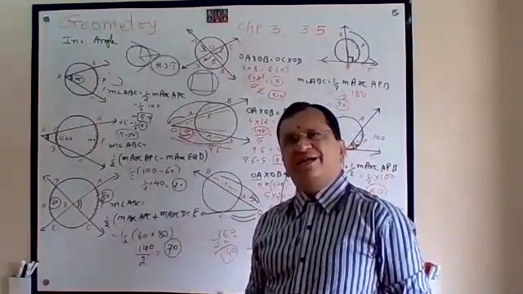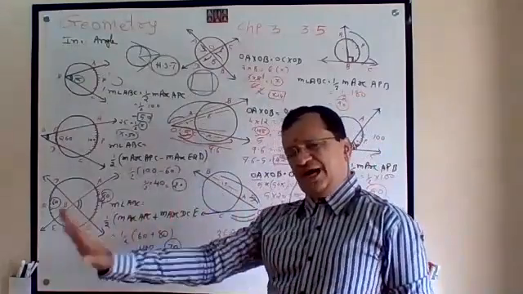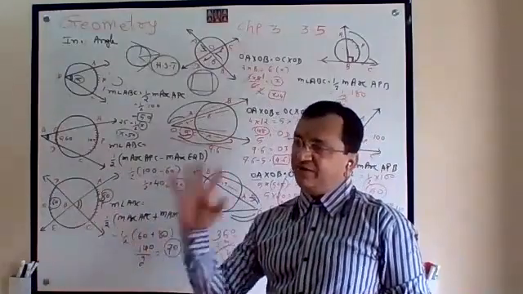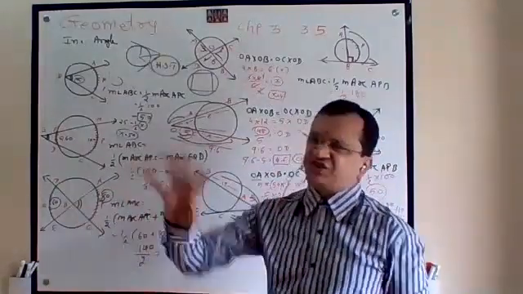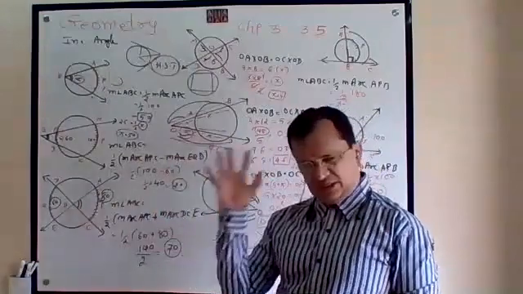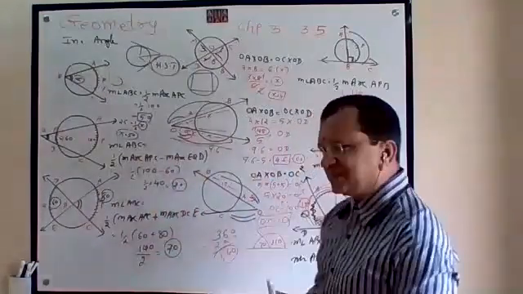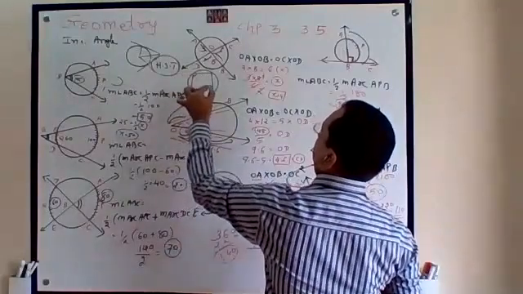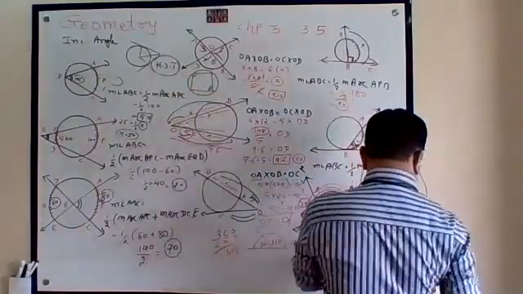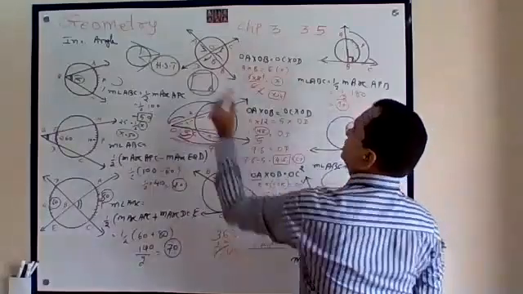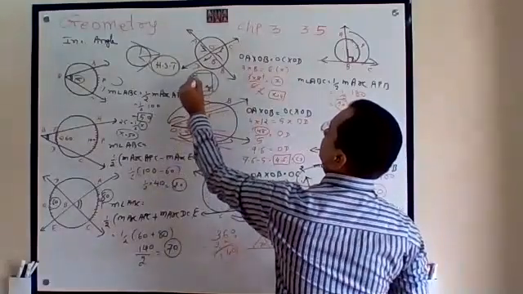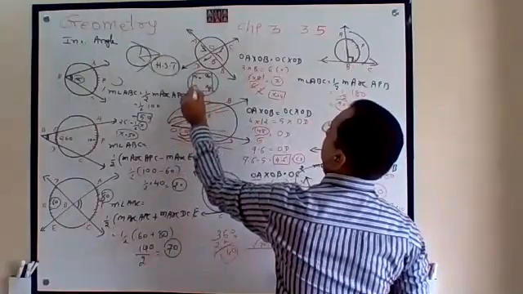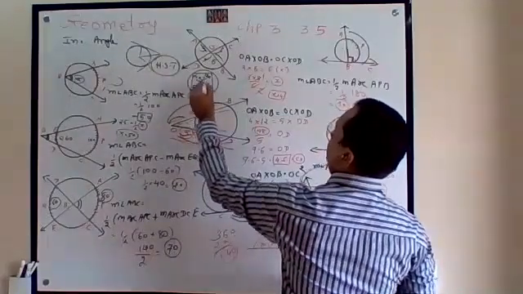A quadrilateral whose all 4 vertices are on a circle. That is known as cyclic. When quadrilaterals are of any shape, but 4 points are on a circle, it is cyclic. For the cyclic, there is one property that opposite angles total 180 always. If it is 70, this is 110. If it is 120, then it is 60. So total 180, total 180.